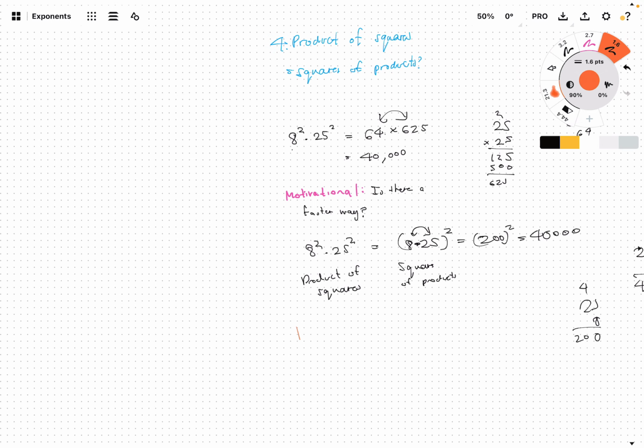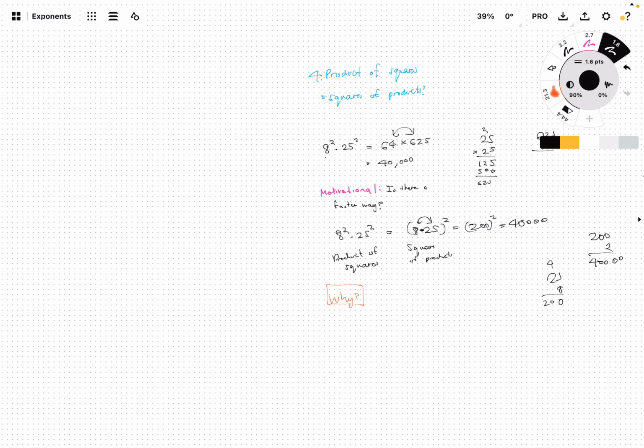But again, we need to prove it. The important question is why? Why is this true? Well, here's the proof. What's our goal to prove? We want to prove that a times b squared is equal to a squared times b squared.